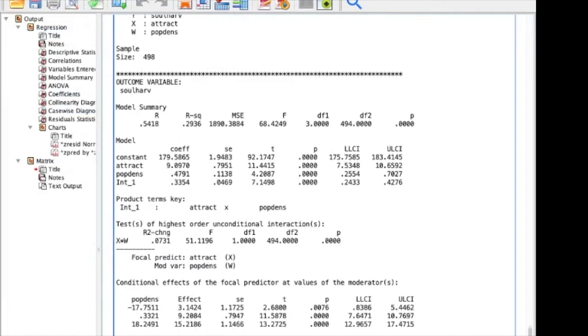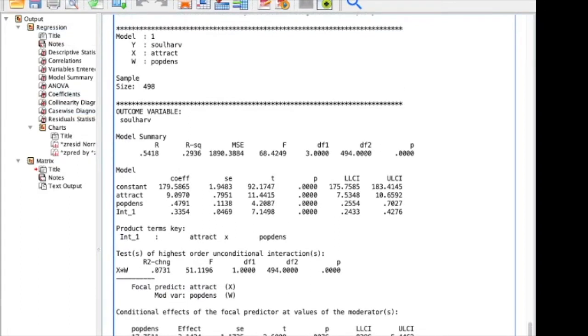Now we have this. Again, you can double check that you've done the model right by looking up here. It says model 1. I already said that model 1 is a moderation. Y is soul harvest, X is attract, and W is population density.